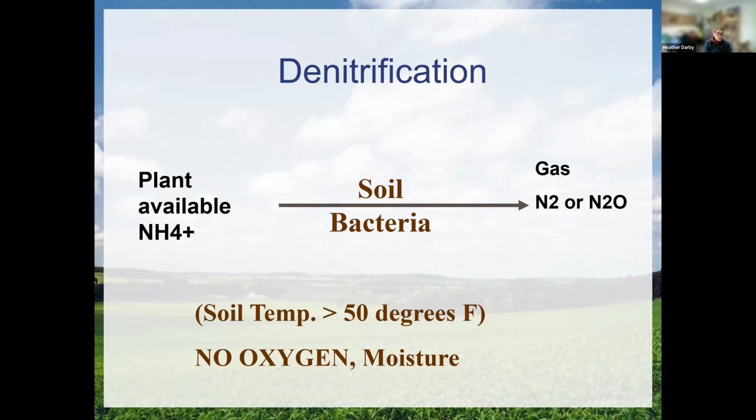One of the emissions that is predominant often in agriculture is nitrous oxide, so N2O. And N2O can be formed in other ways, but a predominant way that it's formed in agriculture is, again, through the conversion of ammonium by bacteria to nitrous oxide.